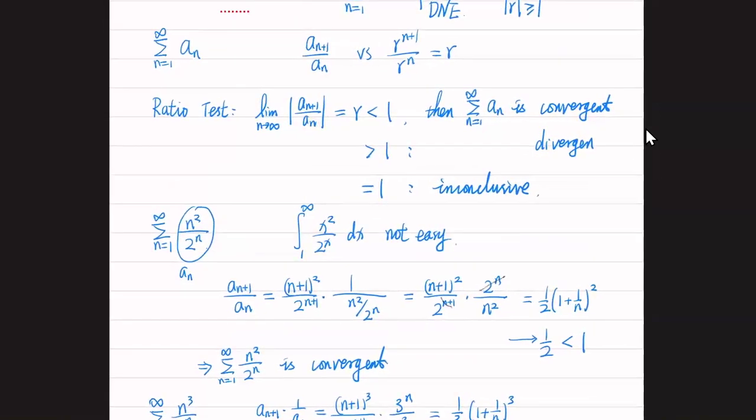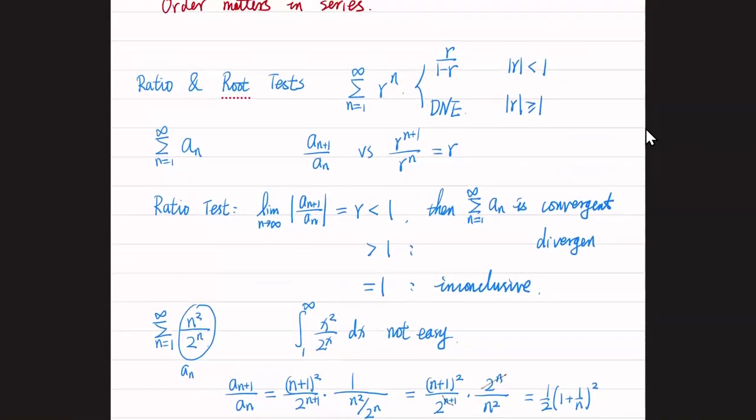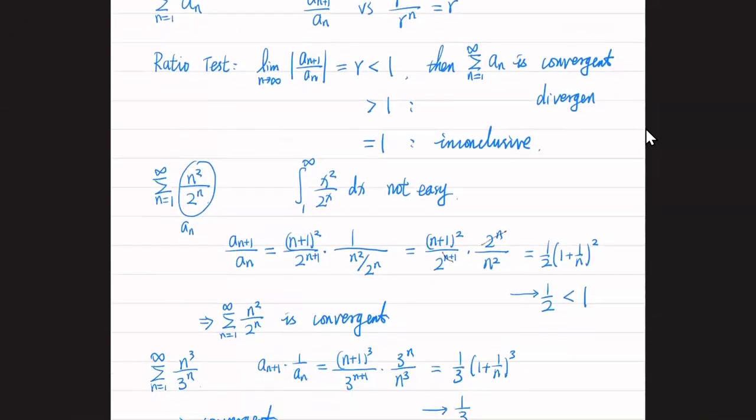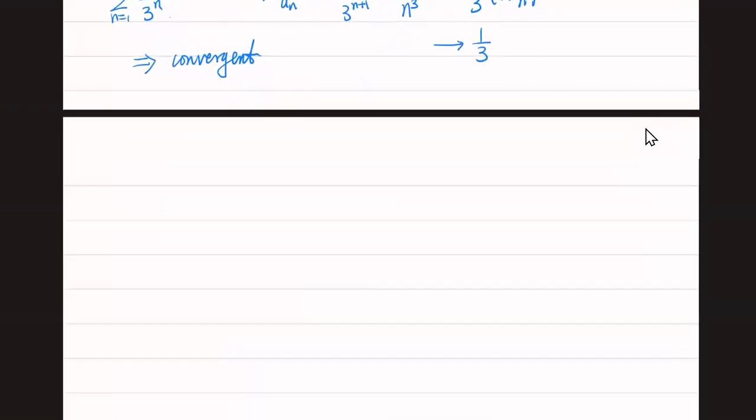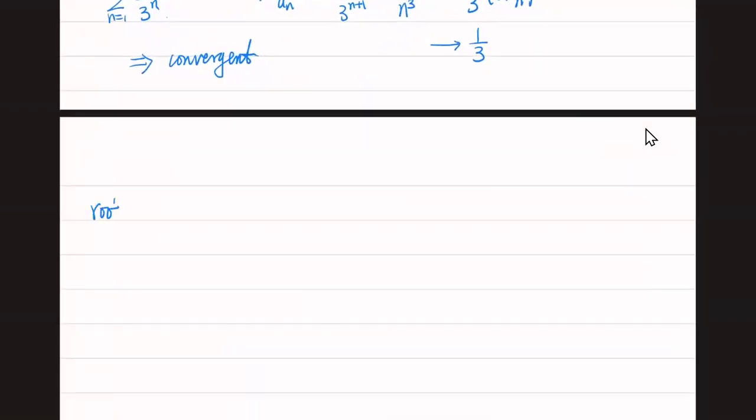Another one is very similar. We call it the root test. Sometimes it's not easy to simplify the ratio. We have the following. Take the absolute value, the nth root. If this is less than 1, then we say it is convergent.